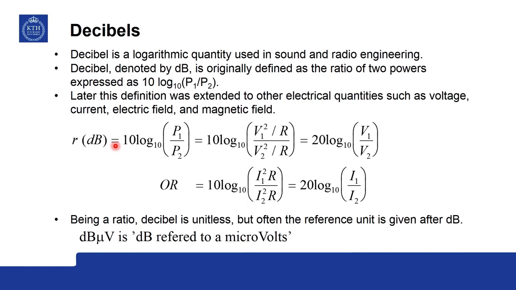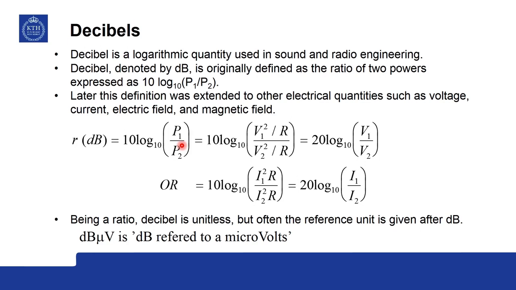Now, later the concept of dB is extended to voltages and currents, electric fields and magnetic fields, etc. There you define it as 20 log of the ratio of voltages.